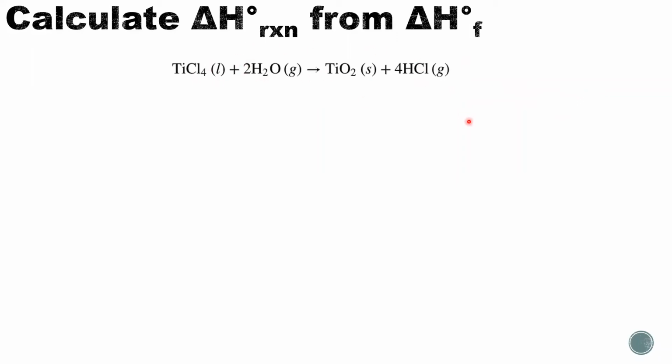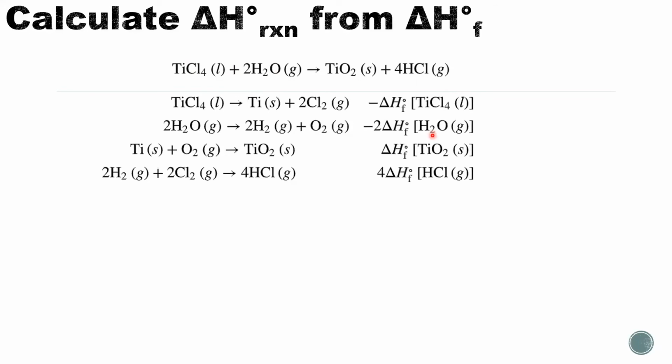For this reaction, if we write out the standard enthalpy change of formation for each reactant and product, and also match the side of the reactants and products and the coefficient of reactants and products, we can have a list of this.